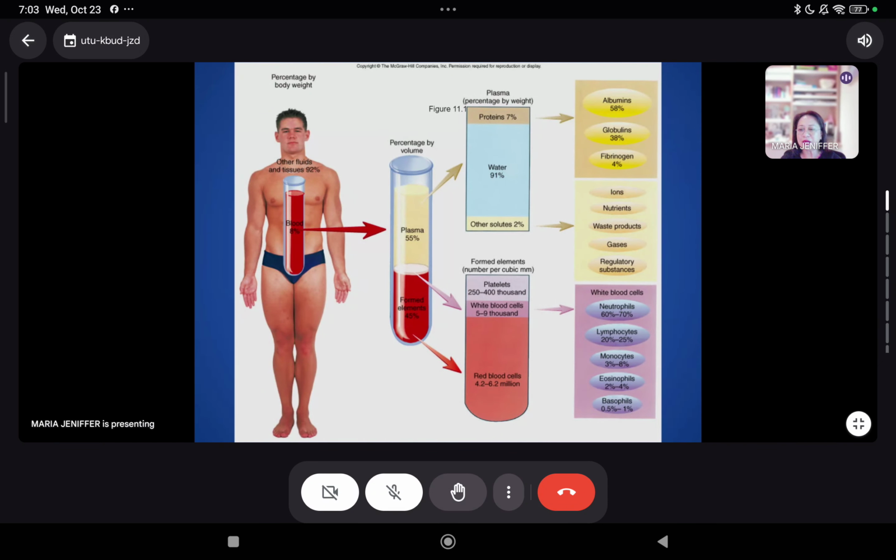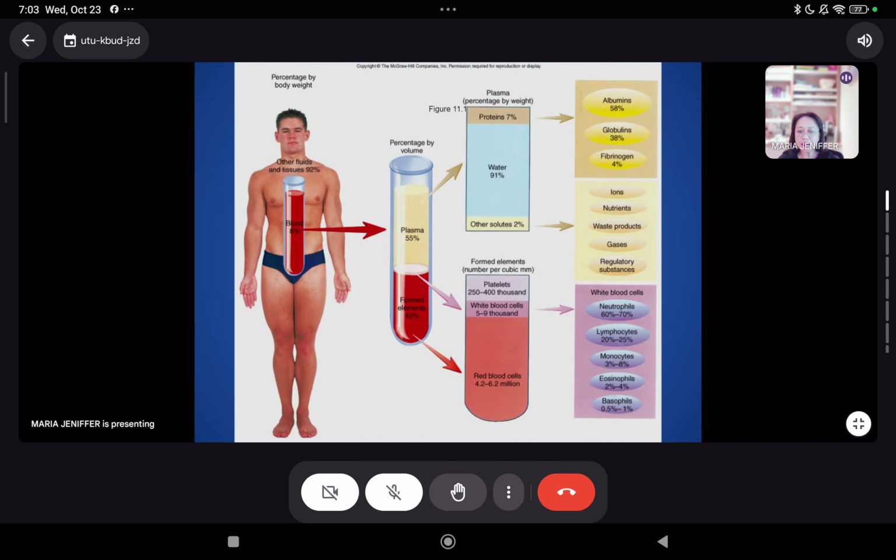Fibrinogen is one type of clotting protein. It is a clotting factor. The other solutes are the ions, in the form of cations and anions. You have the nutrients, like glucose and proteins, and some waste products of metabolism. You also have the gases, oxygen and carbon dioxide, and some regulatory substances such as enzymes and hormones.